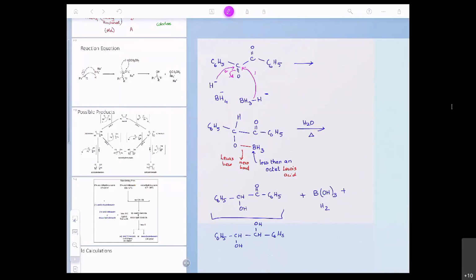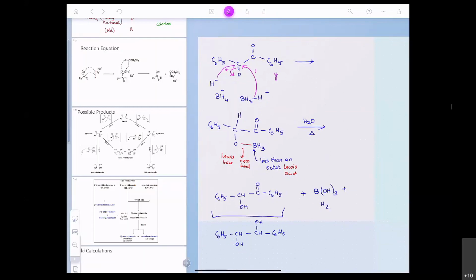Okay. So in the lab, you would take this yellow solid, which is benzil. You would add ethanol, which is a solvent. You will add an excess amount of sodium borohydride because some of the sodium borohydride will react with ethanol. Ethanol has protons, sodium borohydride has hydride ions, so some of it will be lost as hydrogen gas.